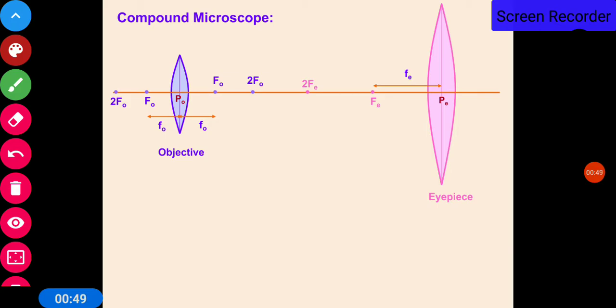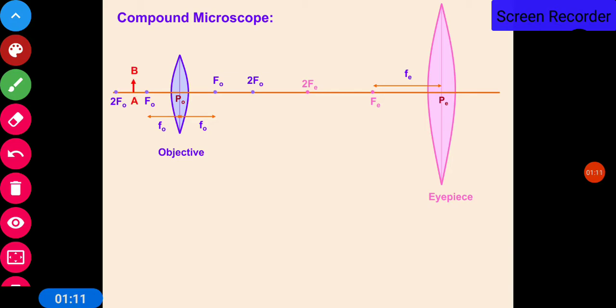The focal length of the eyepiece is Fe and the focal length of the objective is Fo. O is for objective and E is for eyepiece.